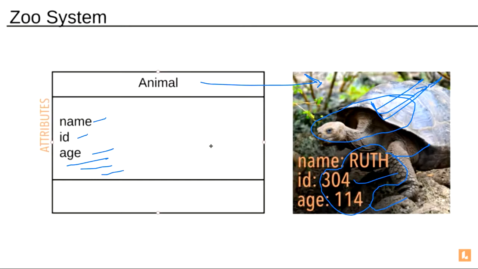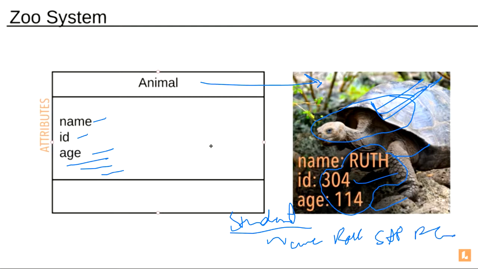For example, suppose you are making a student class, very classical example. So what you do in a student class, obviously student name will be a property, student roll number will be a property, your SAP ID will be a property, phone number can be a property, address can be a property. All these things which can identify you or which separates you from other objects, they are known as attributes.